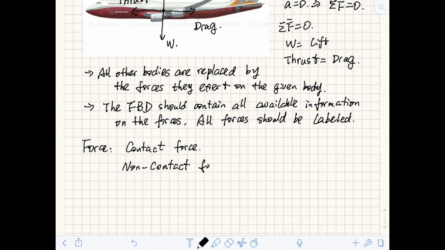And for non-contact force, we have shown the example of gravity attraction or gravitational attraction. And here we'll start looking at contact forces. And there are many types of contact forces, and let's start with the most simple one.